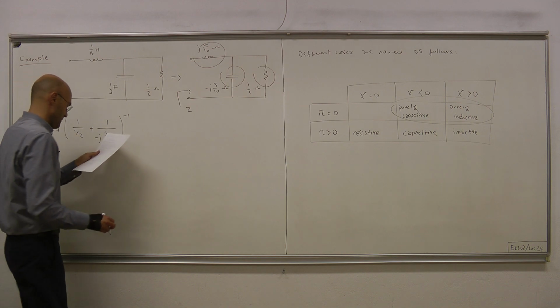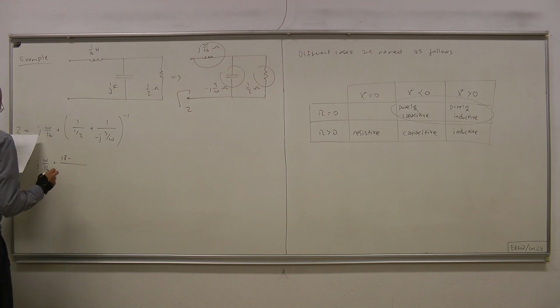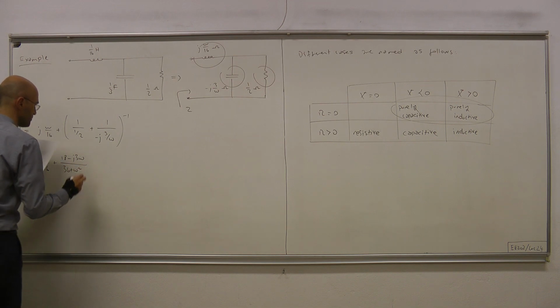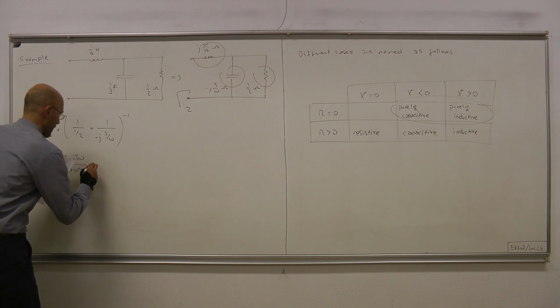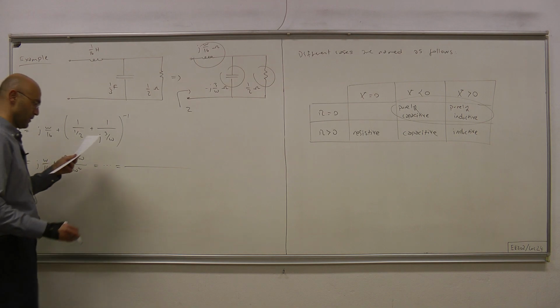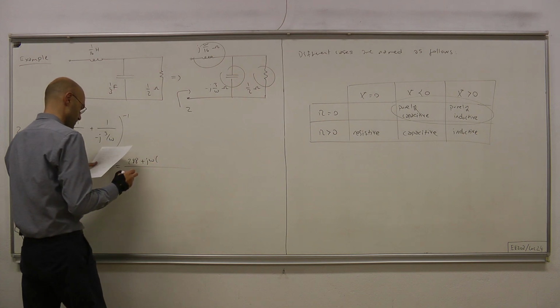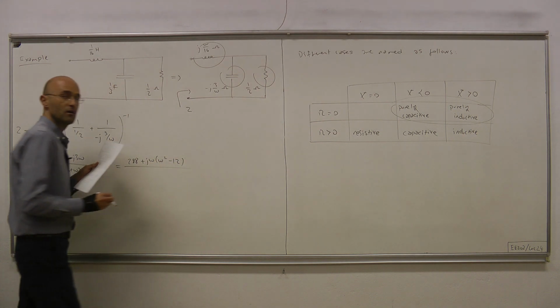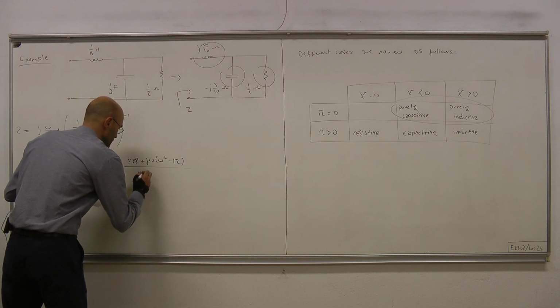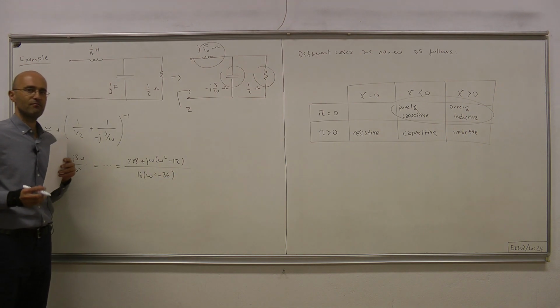And that yields, after simplification, j omega over 16 plus 18 minus j 3 omega over 36 plus omega squared, and that can be written as the following single fraction: 288 plus j omega times omega squared minus 12, over omega squared plus 36.